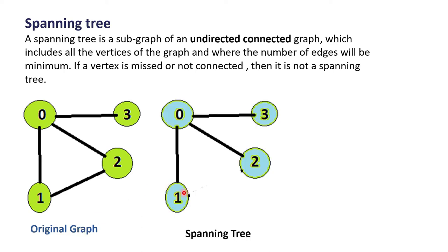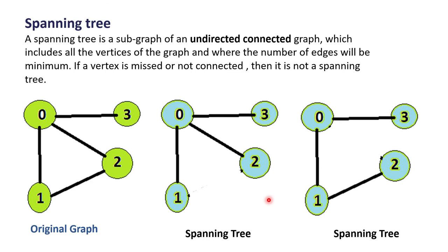this one, where I have removed this edge, and still if you see, each and every node or vertex is connected. Another possibility is maybe we can keep this edge but delete this one.